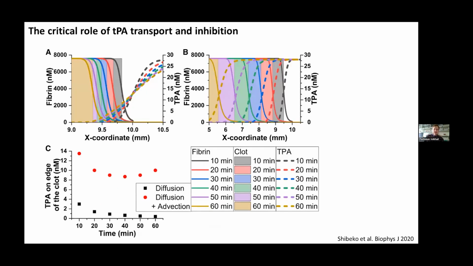If you have blood flow through the clot, this greatly changes. There is efficient lysis of the clot in the presence of flow compared with the absence of flow. And it is no more limited by TPA diffusion.